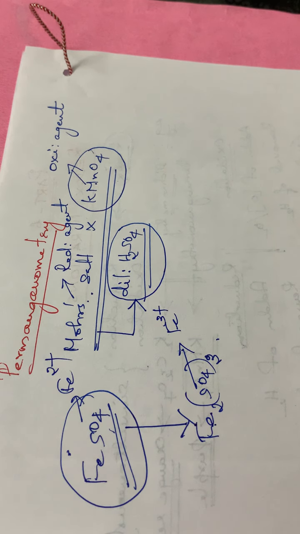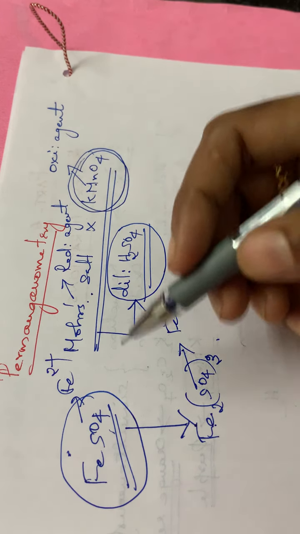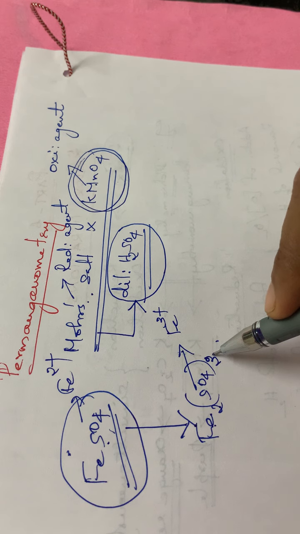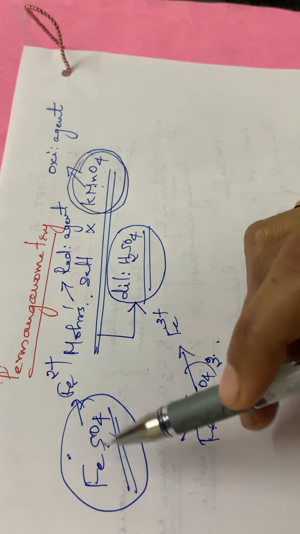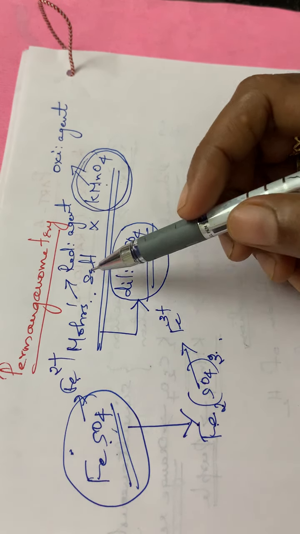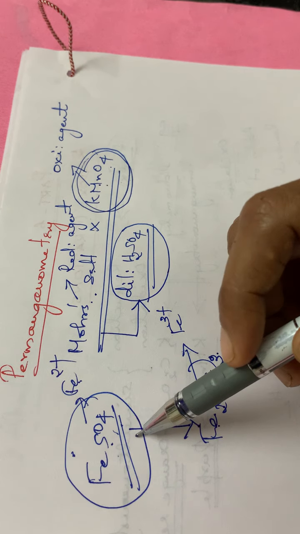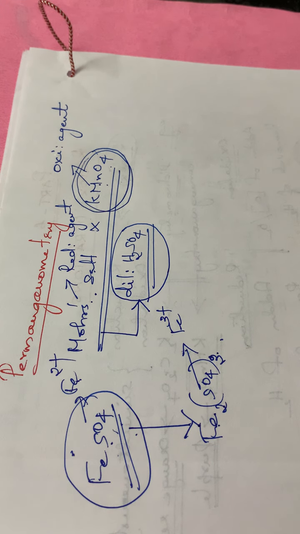So the oxidizing agent KMnO4 oxidizes FeSO4 to Fe2(SO4)3. The reducing agent is Mohr's salt or ferrous sulfate. The oxidizing agent oxidizes the reducing agent Fe2+ to Fe3+.